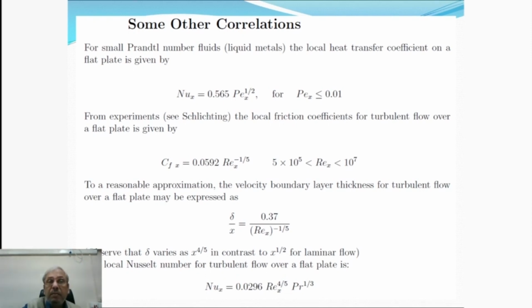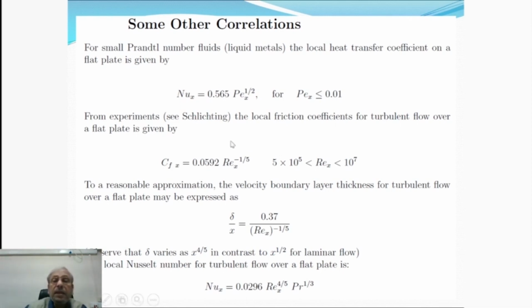And why has x come? Since Reynolds number is there, it should be calculated based on the running length, that means length from the leading edge. So Reynolds number times Prandtl number gives Peclet number, and Peclet number at a given x to the power half is the relationship with Nusselt number on a flat plate for the flow of liquid metals.